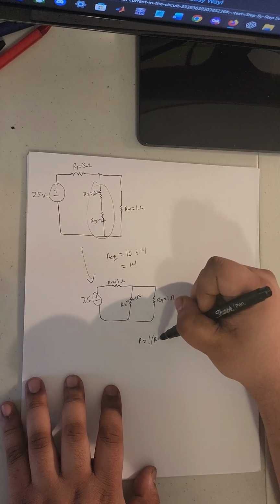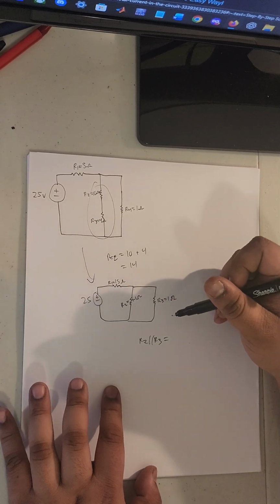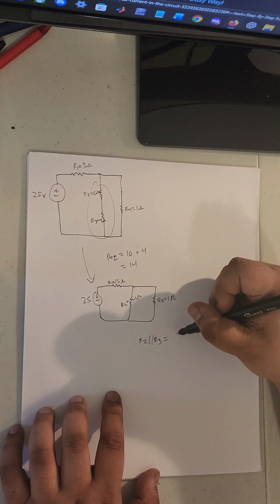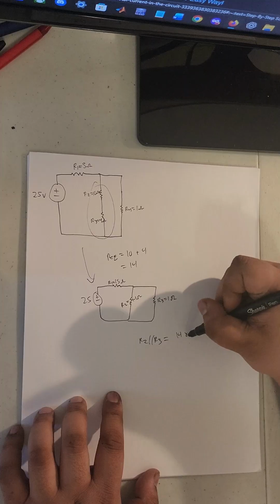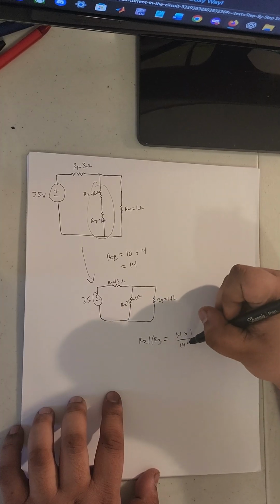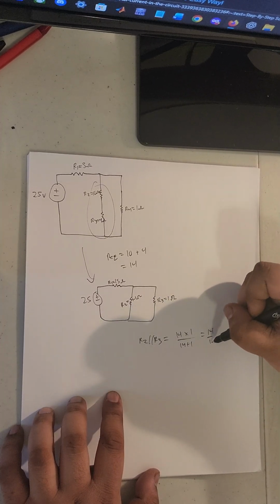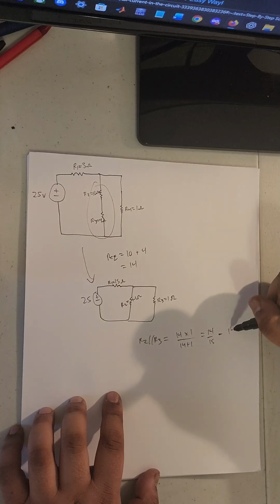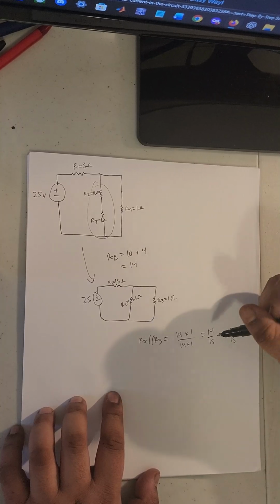R2 in parallel with R3 will simply, since it's only two resistors, we can use this formula. 14 times 1 divided by 14 plus 1, 14 by 15. I'll just leave it as 14 by 15 ohms.